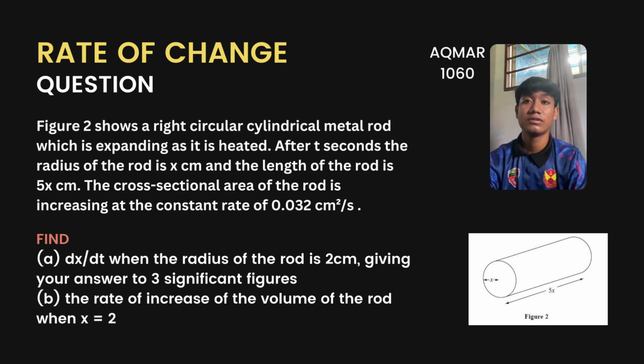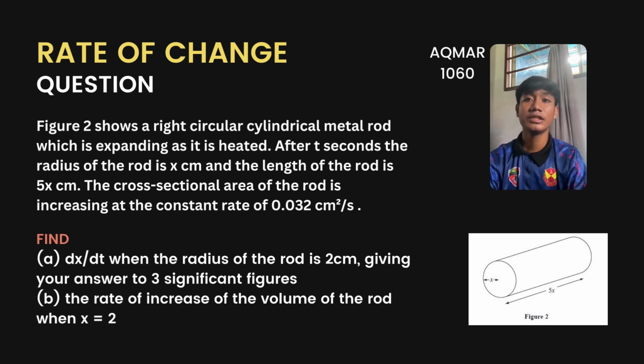0822F1060. So, figure 2 shows a right circular cylindrical metal rod which is expanding as it is heated. After 30 seconds, the radius of the rod is 8 cm and the length of the rod is 8 cm. The cross-section area of the rod is increasing at the constant rate of 0.032 cm² s⁻¹.